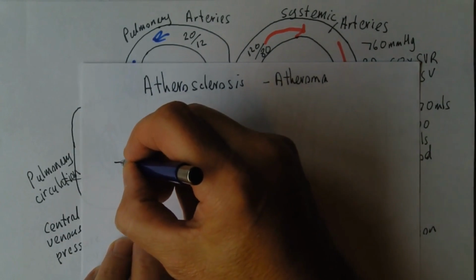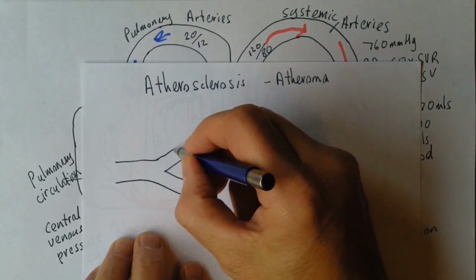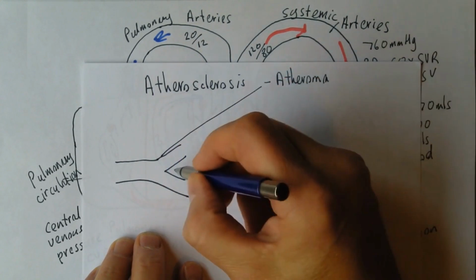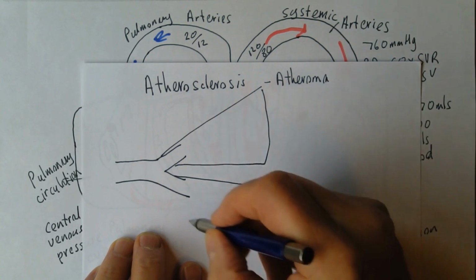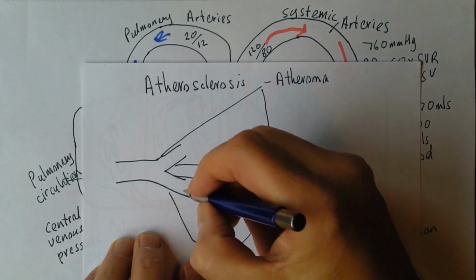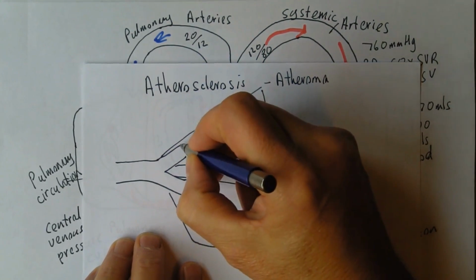So any tissue we have, there's going to be an arterial supply. That's going to break down into smaller branches, and they're going to supply areas of tissue with blood. Of course, these are going to break down into numerous arterioles and smaller branches.